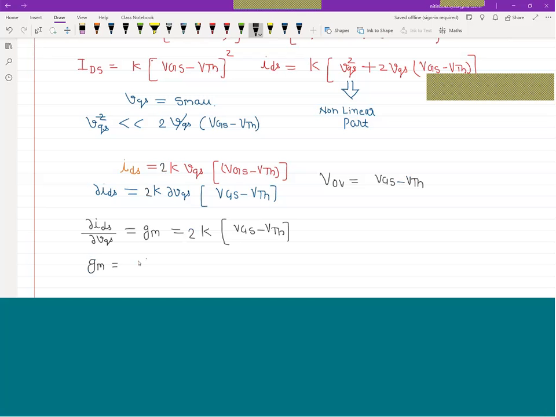So this is 2 times of K. K is what? 1 by 2 mu n into COX into W by L into (VGS minus of VTH).